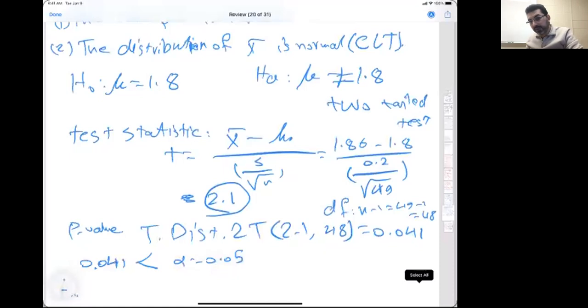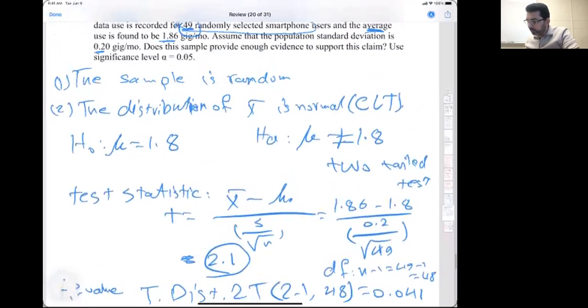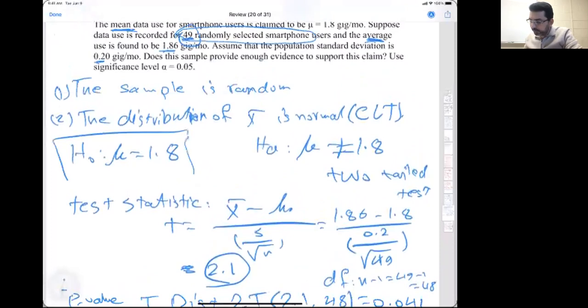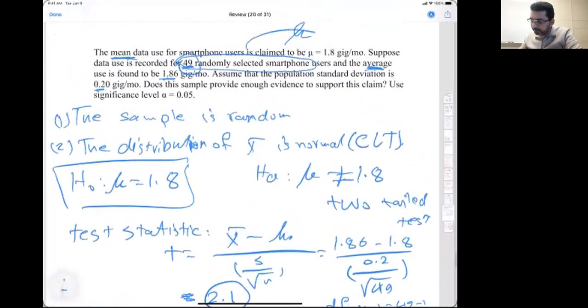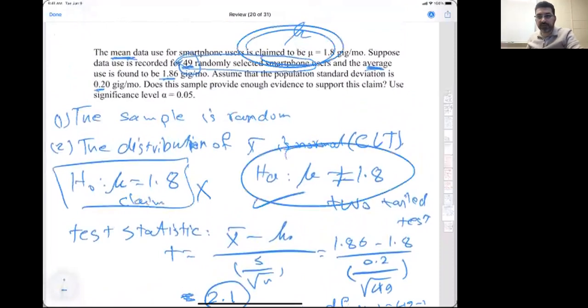So according to this, the decision is reject H naught. What that means, we will reject this. Don't forget, this is the claim, right? So we will reject it and accept the alternative. We accept this one now.